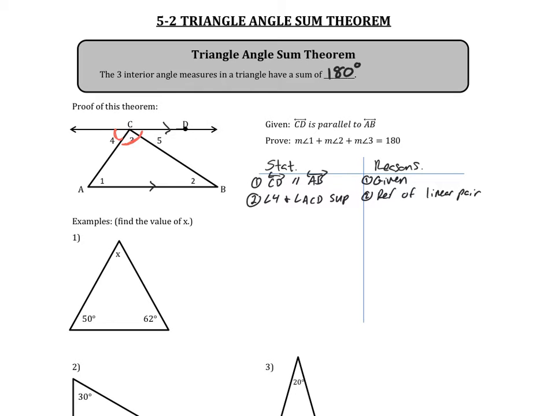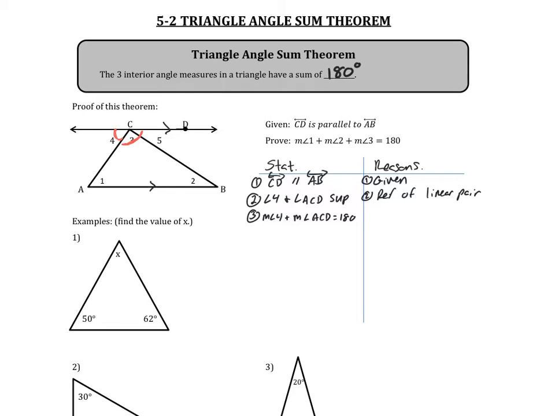Okay, so what else do I know? I know that the measurement of angle 4 plus the measurement of angle ACD equals 180 degrees.